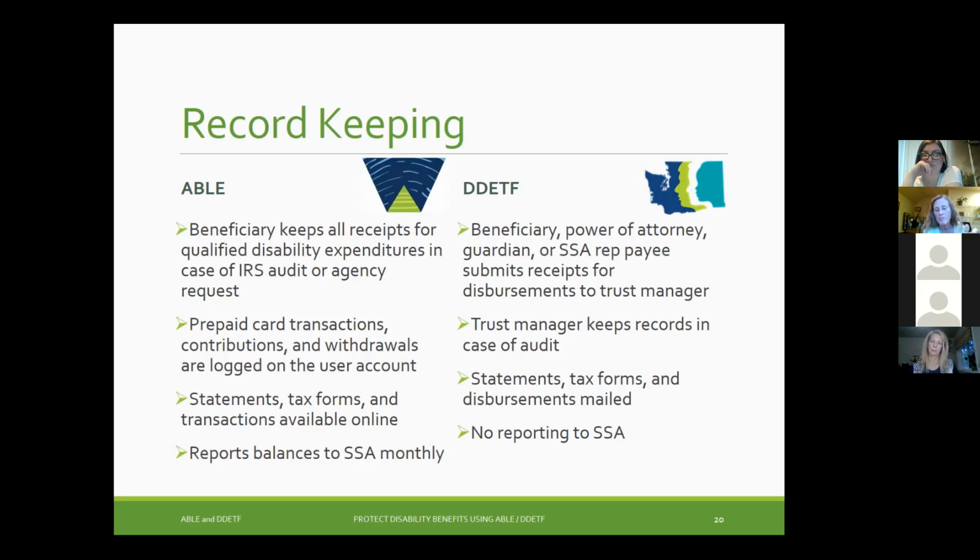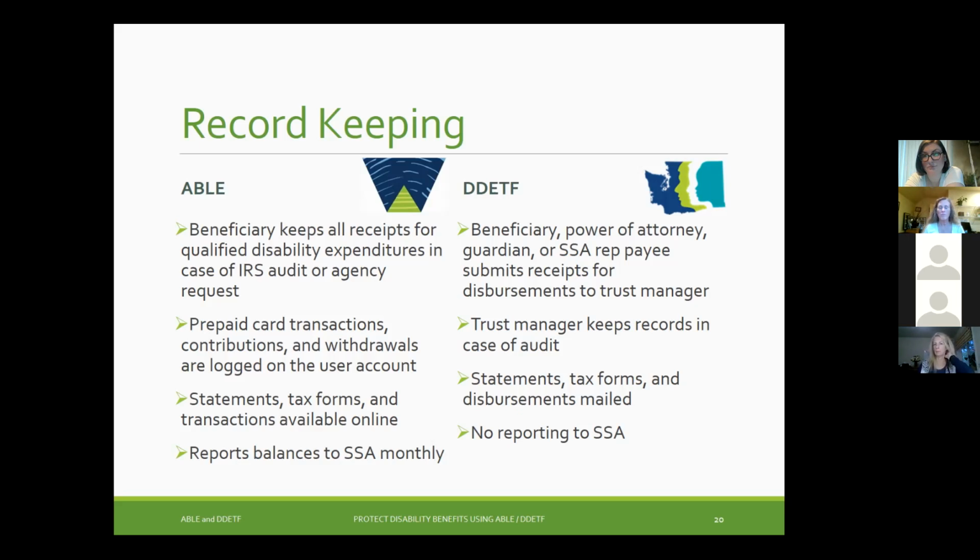We're keeping those records in case of an audit, which hasn't happened yet, just like on the ABLE side. And for our special needs trust program, we have not had a particular individual account requested for an audit. But Social Security and DDA do from time to time request records, which is a little bit different than an audit, but we do share records as we need to.